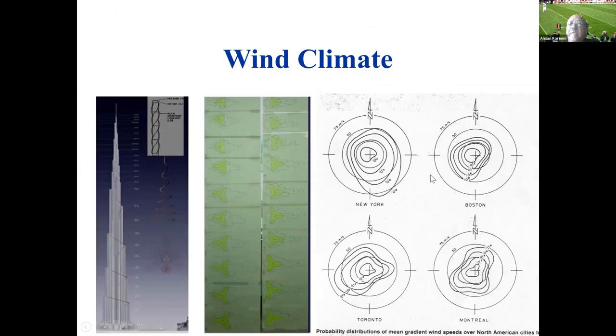Then you can see the directionality of the wind. If you have a building like Burj Khalifa, its shape changes at every height, as you can barely see in this yellow diagram, with the vortices being shed. So the designer has the option in this particular case to rotate their building in such a way that it does not go into the worst wind direction, which could give you the maximum load effects.